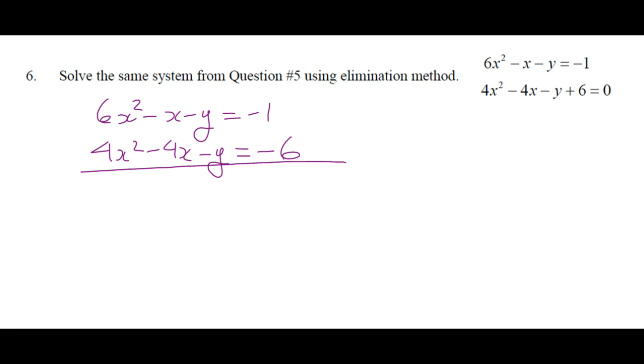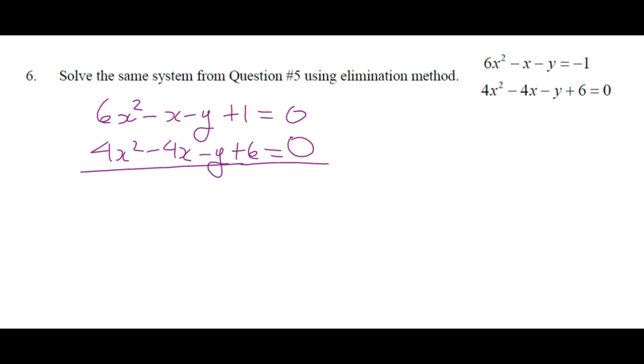Well, we maybe should have just left the numbers equal to 0, right? Let's do that instead. So let's go plus 1 equals 0 and plus 6 equals 0. Okay, add or subtract? Subtract, right? The signs are the same on the y's, and the y's are the same, so we don't have to multiply anything.